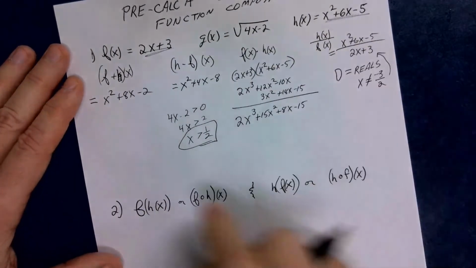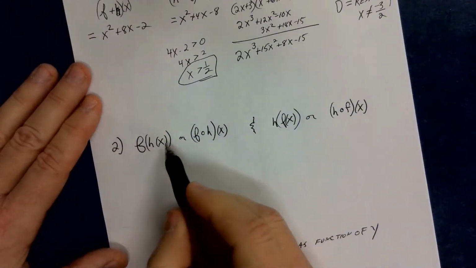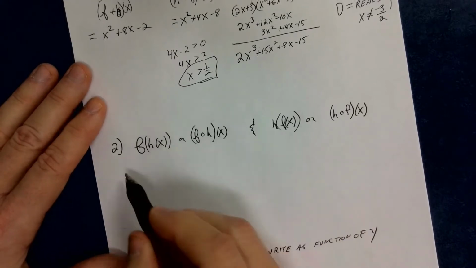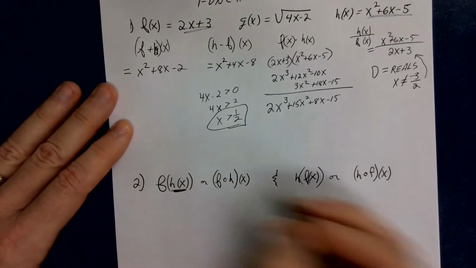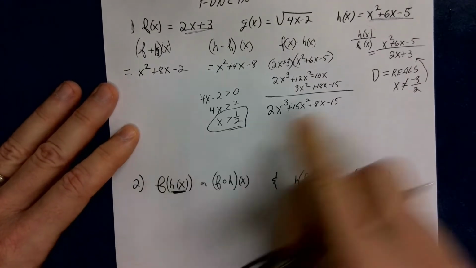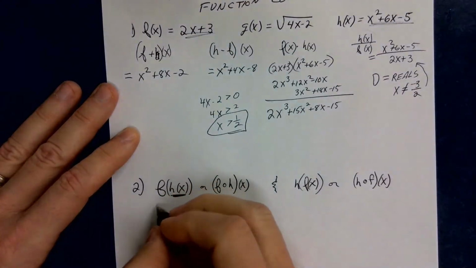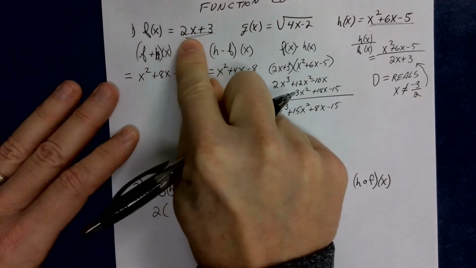However, if I embed this thing, that's what this stuff is going to be, we have some relationships called f of h of x and f following h of x. Basically, we're going to take this function and pick up whatever h of x is right here, and shove it into the f of x function. So then it would be 2 times whatever, right? 2 times x.